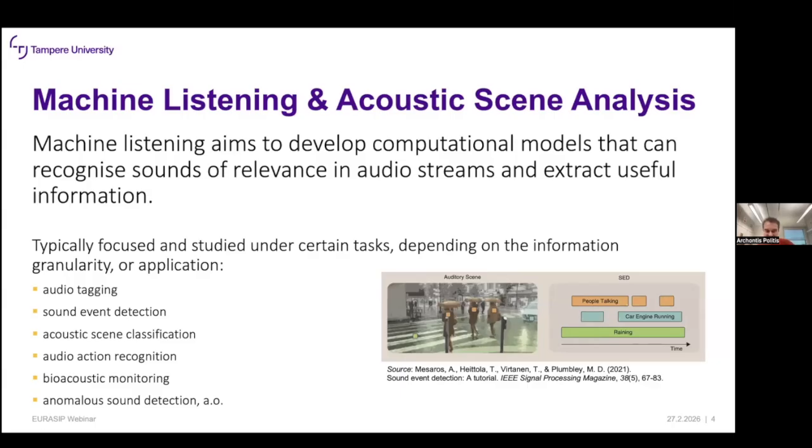Then acoustic scene classification, just labeling recordings based on what kind of scene it is, like an urban square or a train station. Then we have action recognition by acoustic monitoring, anomalous sound detection for industrial monitoring applications, or urban monitoring, and many others like that.